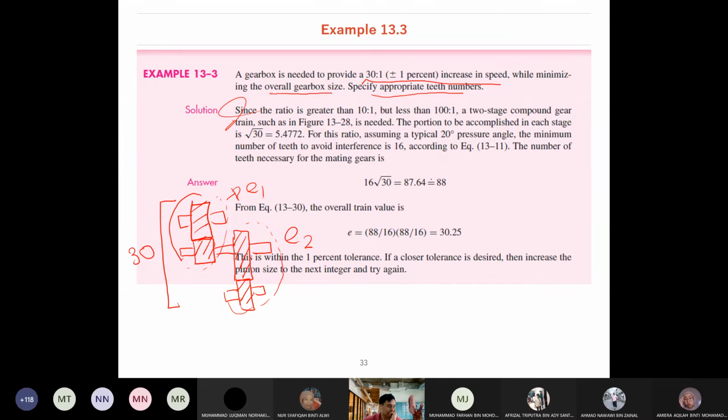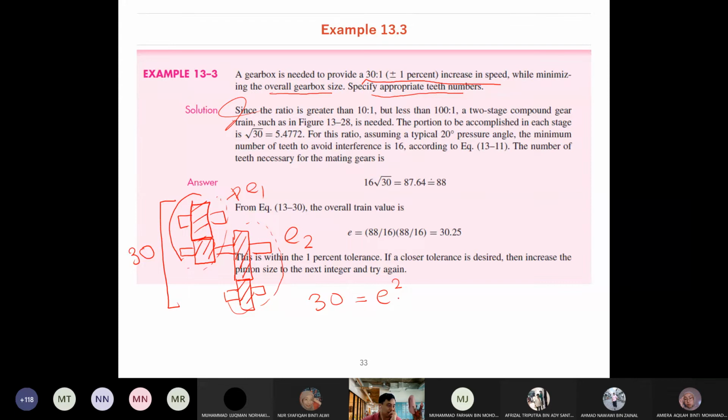So, sebenarnya E ni sebenarnya dia base pada ni kan. E ni, E1 dengan E2. So, sebenarnya 30 ni adalah E kuasa 2 sebenarnya. Kenapa E kuasa 2? Sebab kita assume they have the similar E lah. Okay, that's why awak tengok sini, dia bagi set 30.